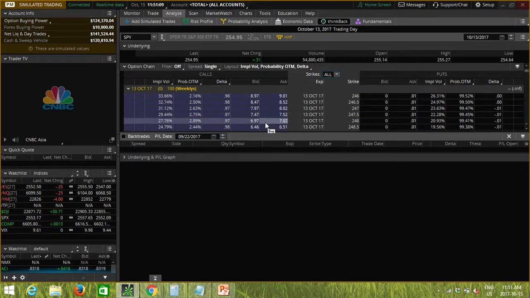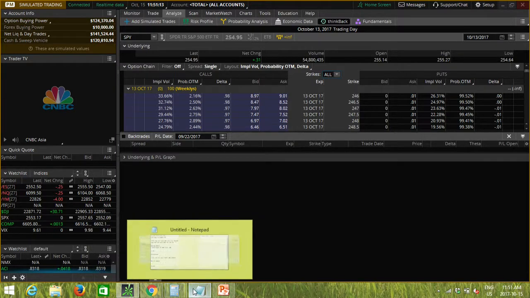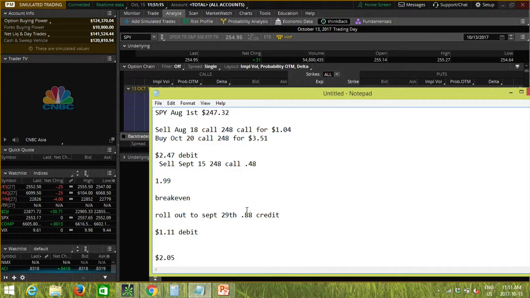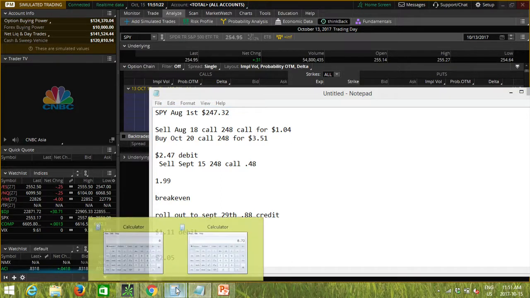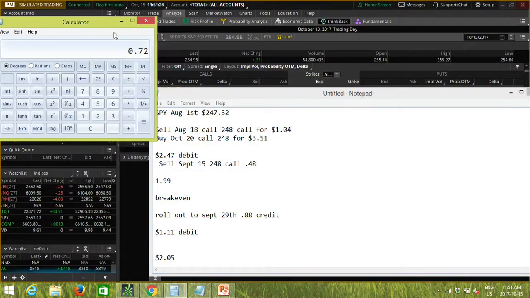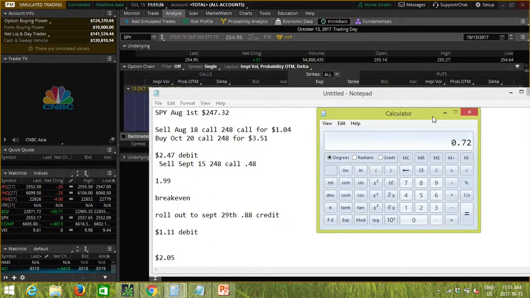So yeah, look at that. 6.97. All right, if you sell that. So I guess looking at that, if you just closed out your short position back in August, then yeah, that would have been a winning position. But then you're not in the calendar spread anymore. You're just in a call, right?